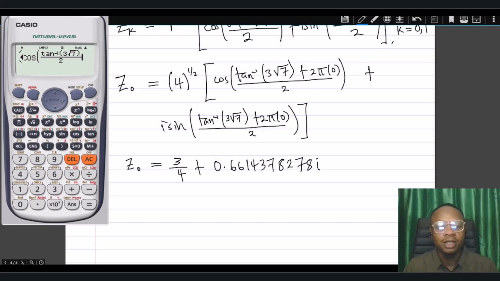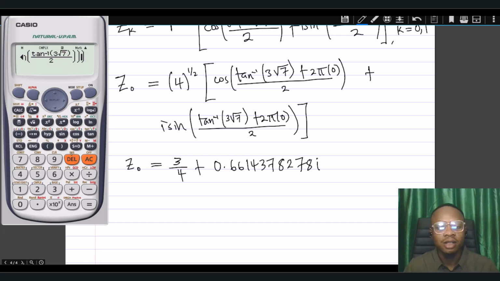Then plus I multiplying the sine of the tan inverse of 3 root 7, close this off and divide everything here by 2. Close it off, then close off the big bracket and the next bracket. I think that is okay.